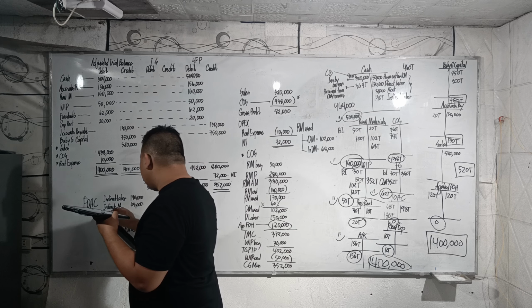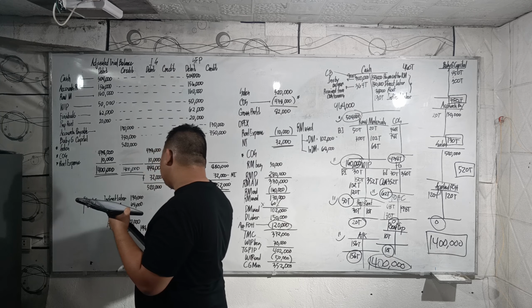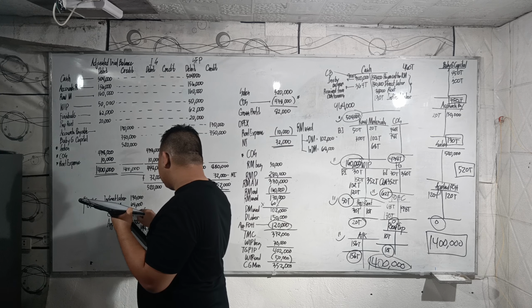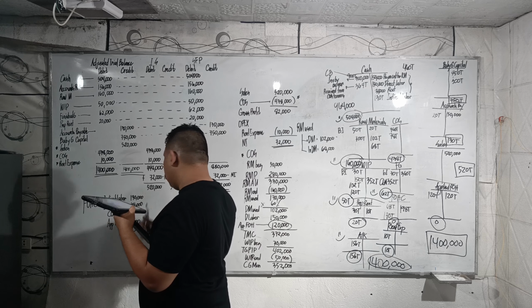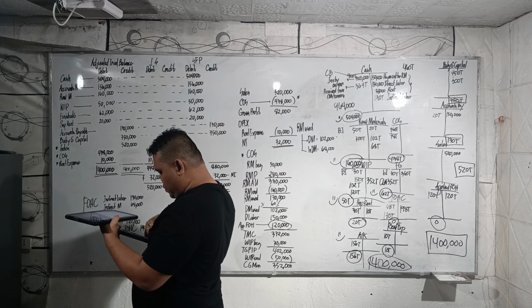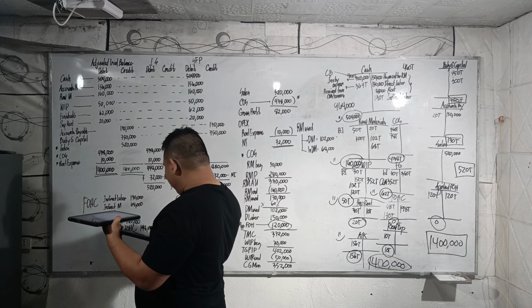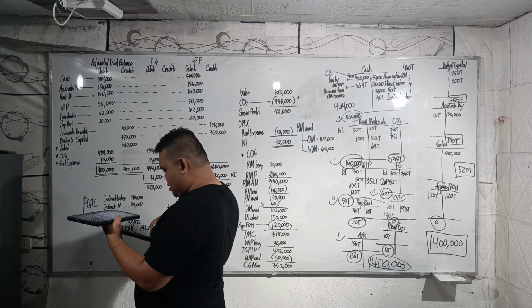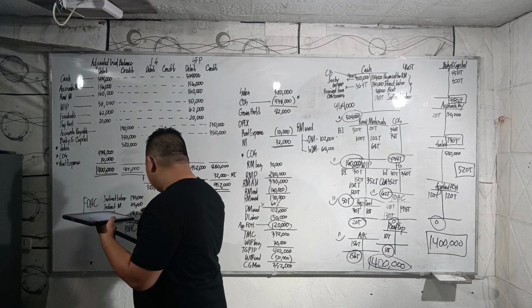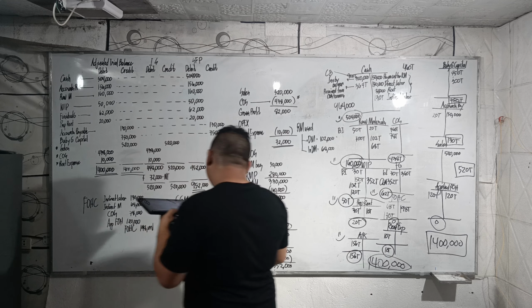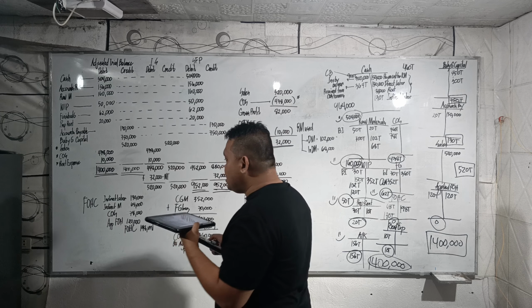So the difference in the cost of sales is, I guess, 198 minus 120, 78. Debit. So the normal balance of cost of sales is debit.